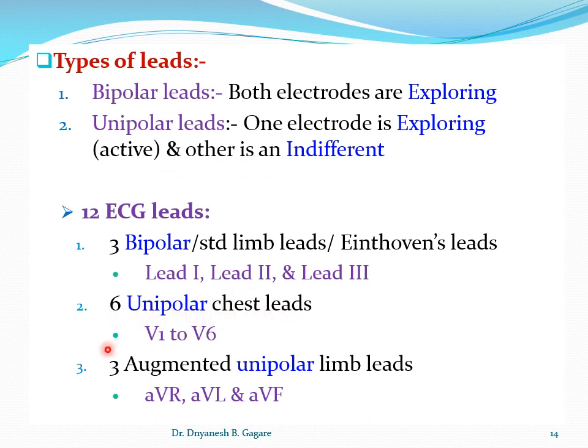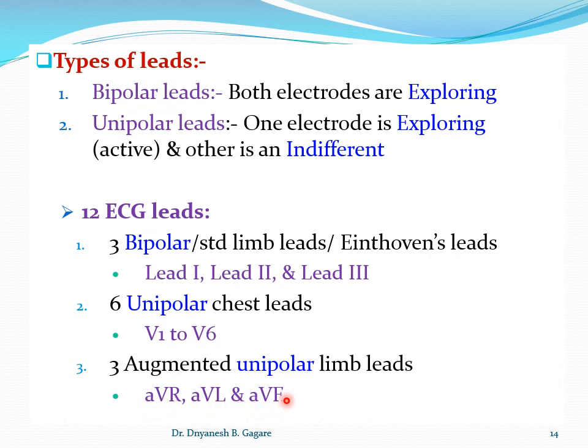Then the third group of leads is called the augmented unipolar limb leads. The remaining 3 leads are designated as augmented unipolar limb leads. Here again it is unipolar, meaning we use one exploring electrode and the other is an indifferent electrode. Under this group we get the combination of 3 leads: AVR, AVL and AVF.